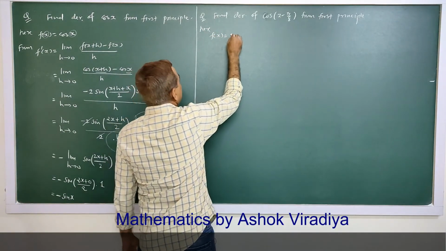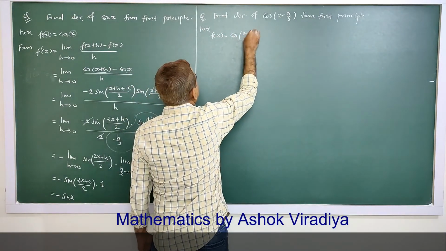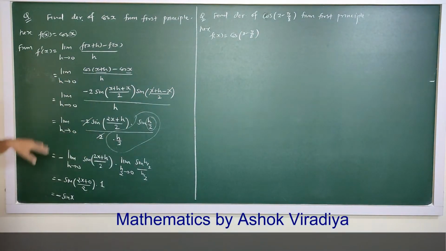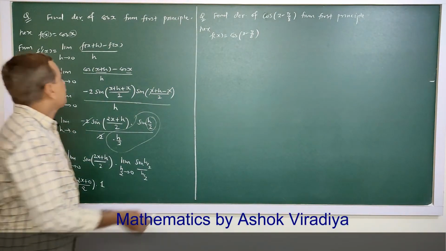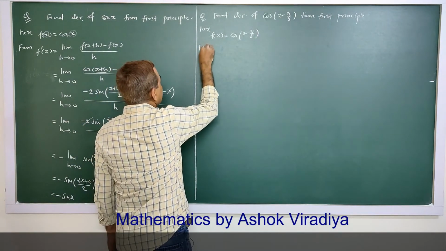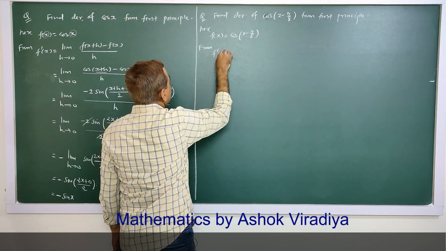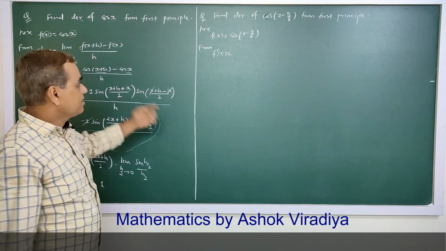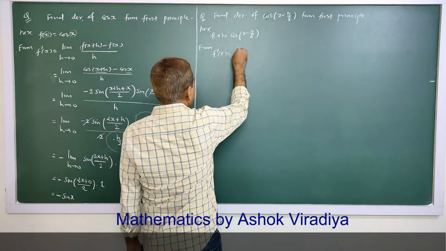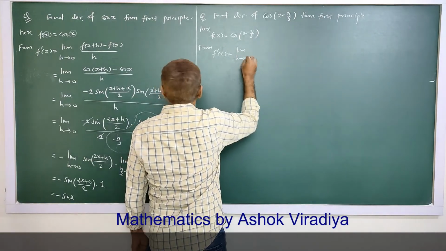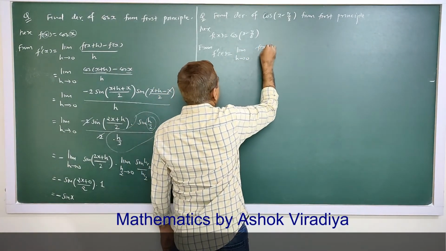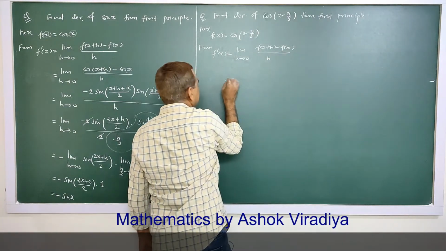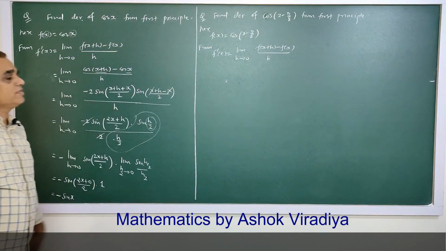Now in this question, here f(x) is cos of (x minus pi by 8). Similar method: f dash x is here limit h tends to 0, f of (x plus h) minus f(x) upon h. This is the first principle.